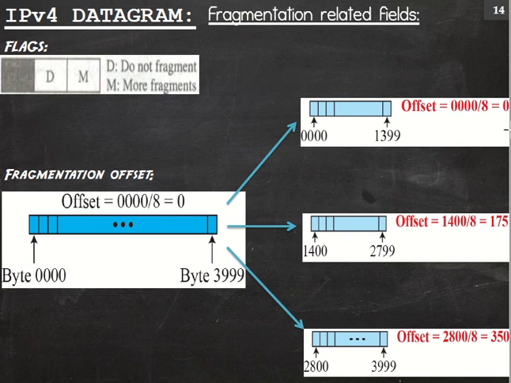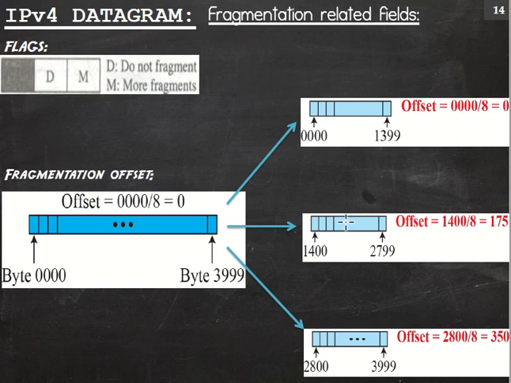We divide it by 8 because the original datagram is measured in units of 8 bytes. So we divide this first data by 8. Here the offset address will be 0000 divided by 8, that is 0.